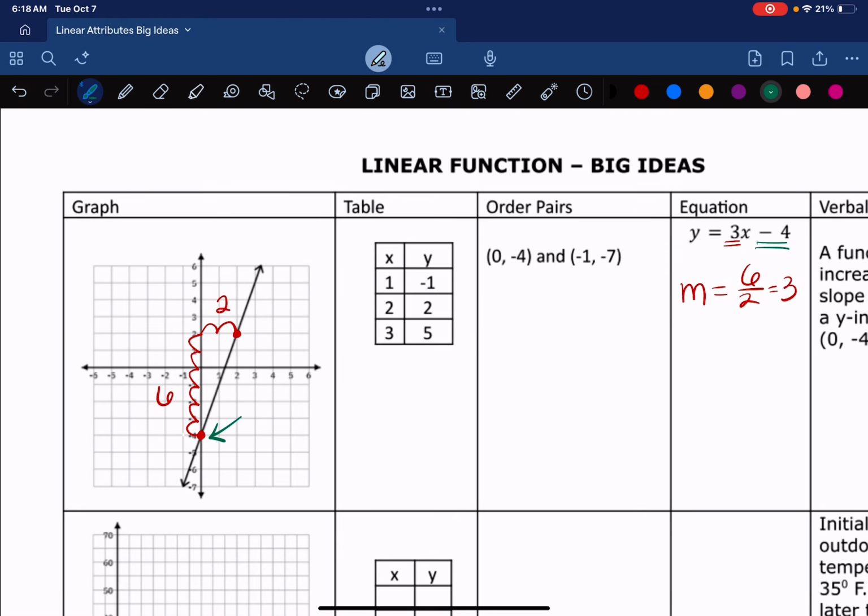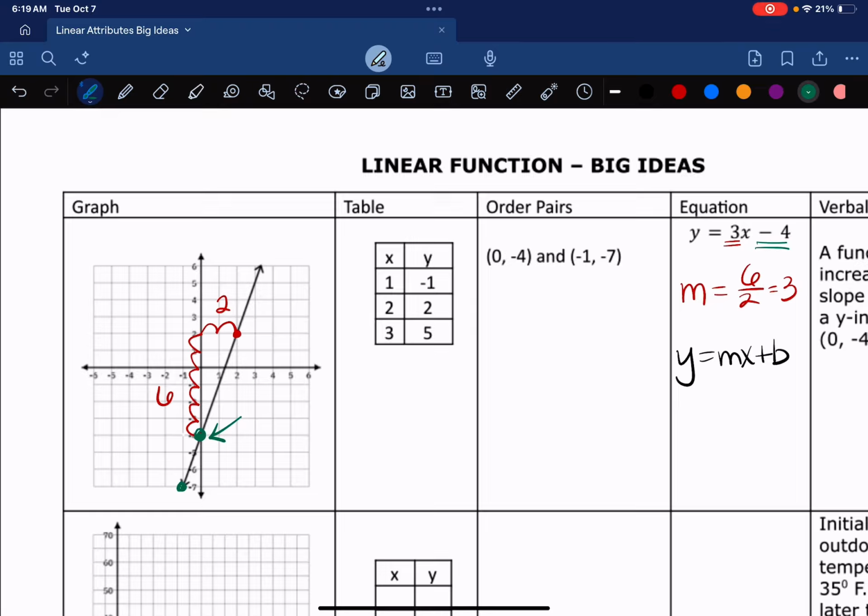We have an equation here that's always in y equals mx plus b form. That's something that we've already talked about. And these 2 points right here are just ordered pairs that are represented on our graph. So I have a point at (0, -4), we already found, that's our y-intercept. And we have a point at (-1, -7).